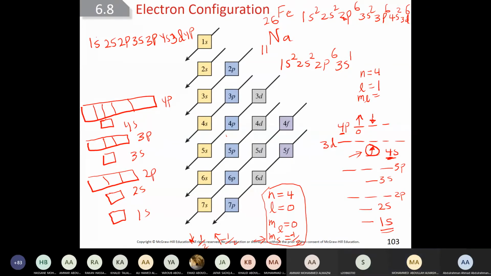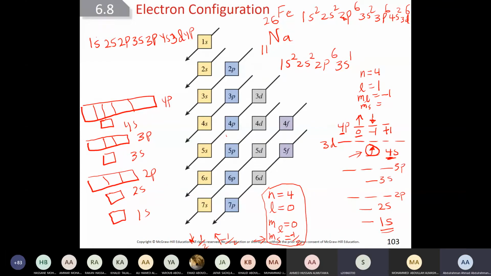No, I cannot say 0, because I used it. So what can I say? 1 or minus 1. It's up to you to choose. Let's say minus 1. Very good. Then this is minus 1. Then automatically, what's this? Plus 1. Clear?